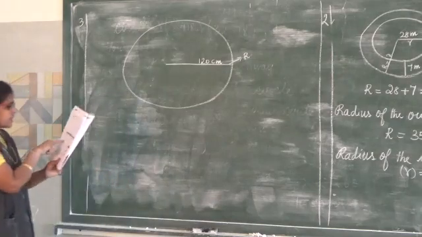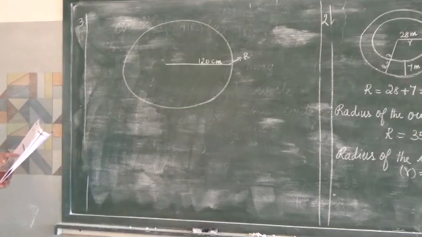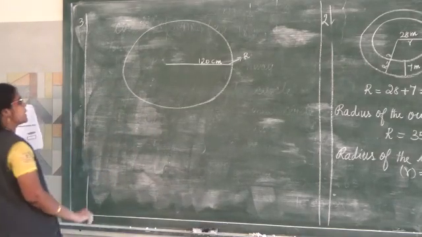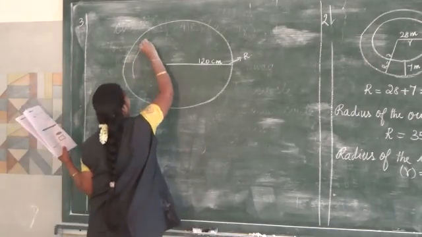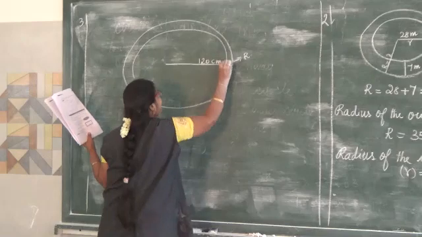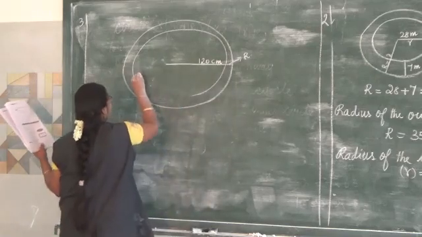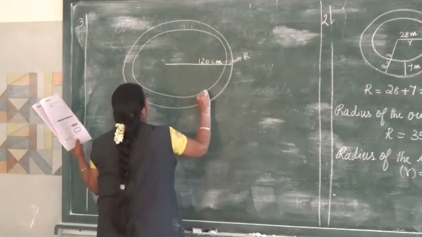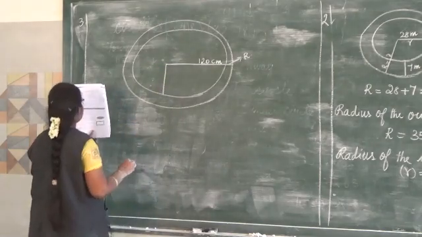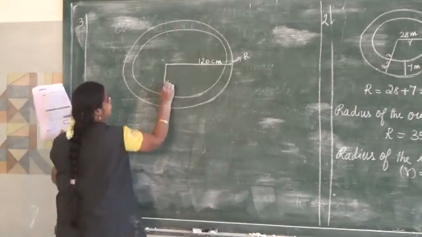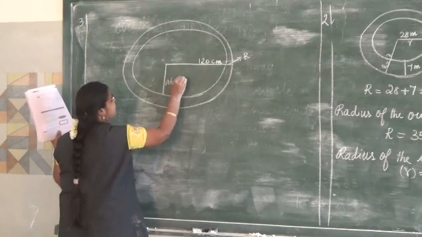So in this, the circular carpet whose radius is 106 centimeter. Again, inside the hall, the carpet was placed. The radius for this is 106 centimeter.